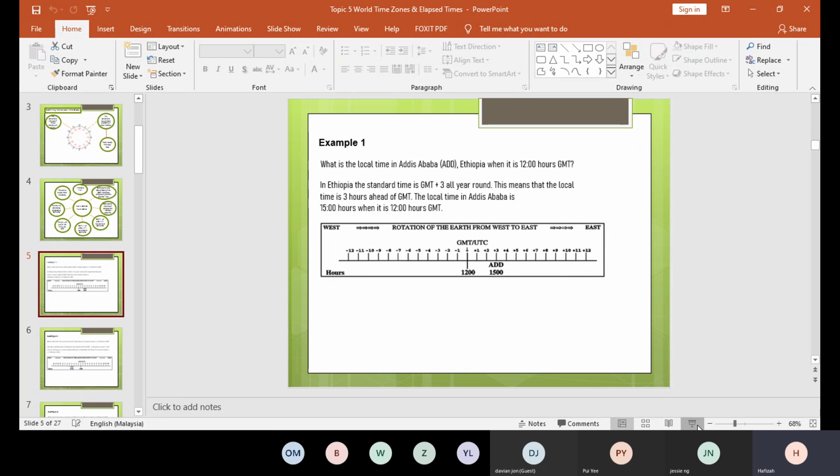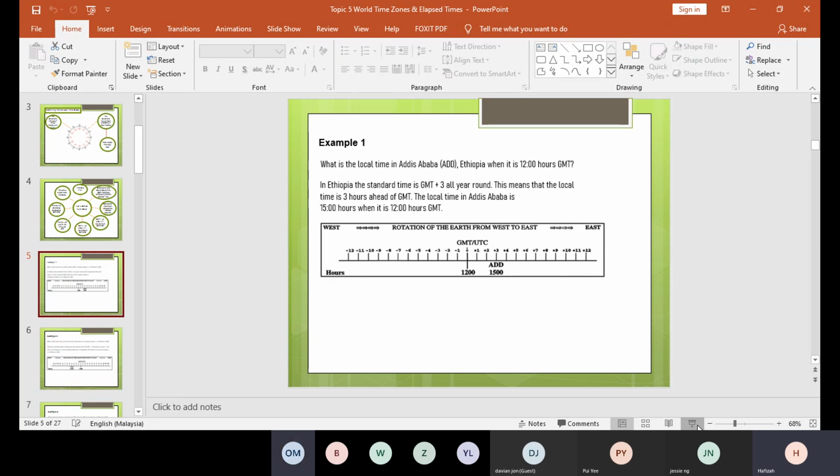From here to here, plus 1 until plus 12, and then from here it comes to minus. Countries like Russia are minus, but Canada and the United States are plus. London is plus 0.